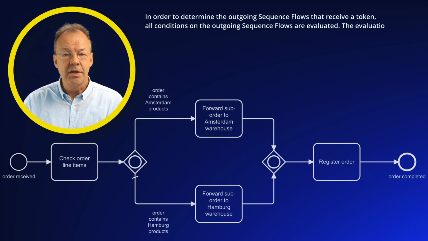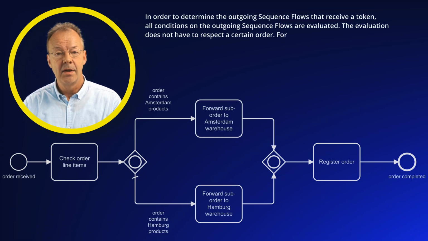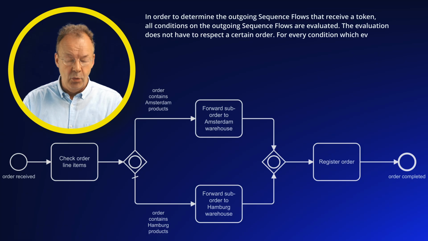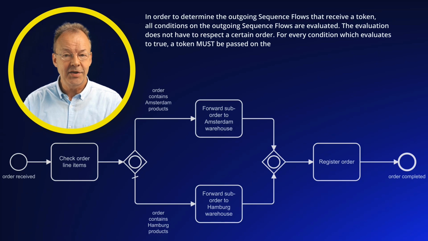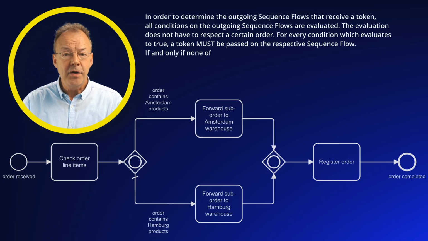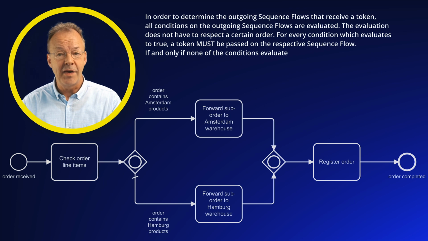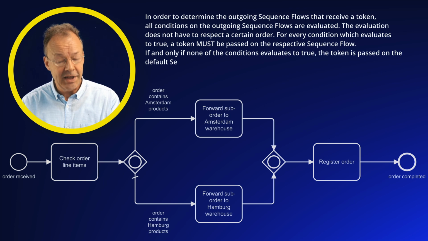The evaluation does not have to respect a certain order. For every condition which evaluates to true, a token must be passed to the respective sequence flow. If and only if none of the conditions evaluates to true, the token is passed on the default sequence flow.